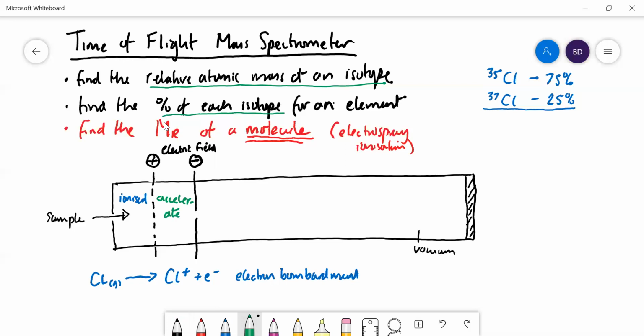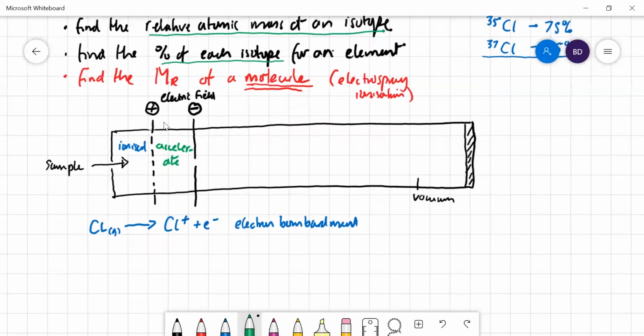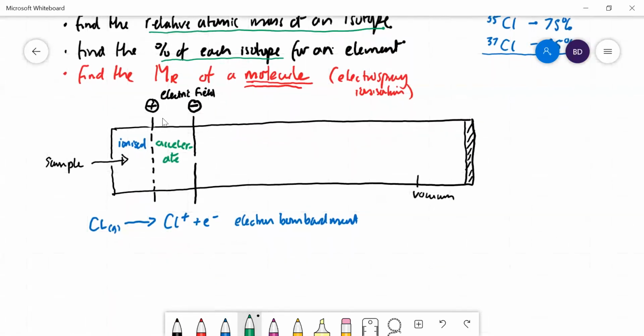Okay, now let's talk about that acceleration. Now a little bit physicsy here, right? We know probably that the energy transferred to a charged particle in an electric field is given by the charge multiplied by the potential difference, the voltage.